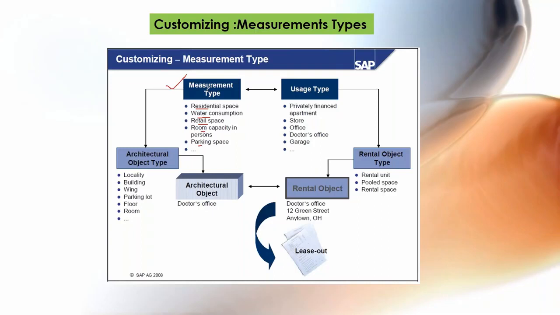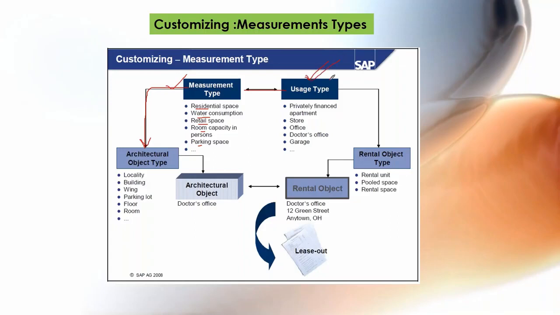We can get these options directly here in the architecture object. In the same way, we can get them in usage type also. What we are doing is assigning this measurement type to usage type.